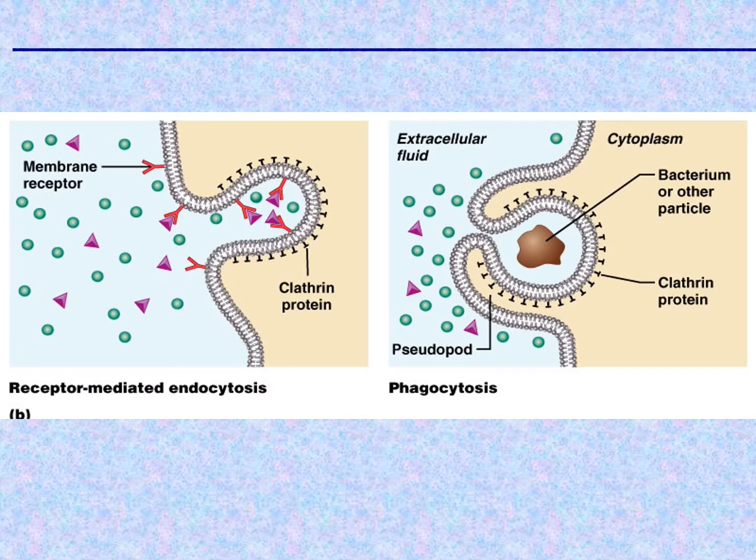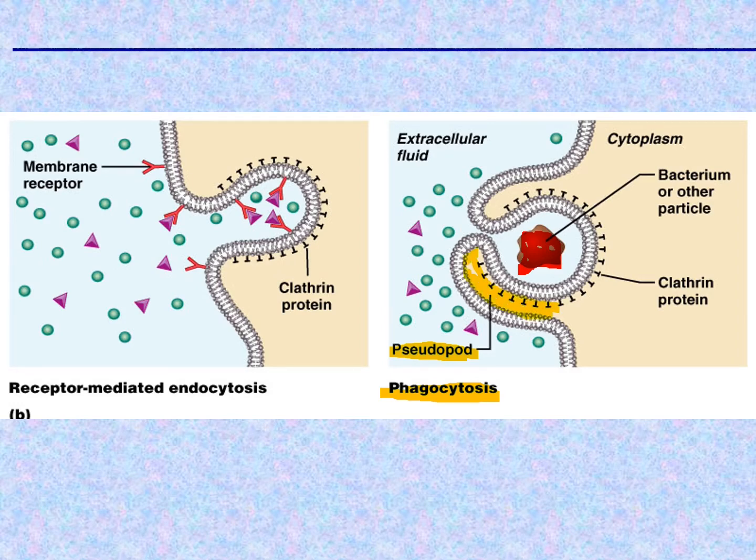I'm not going to talk about the one on the left, but this is an example of phagocytosis, another subcategory of endocytosis, where the ingested particle is solid and the cell membrane forms what are called pseudopods. So they stretch out around the solid object. Here's one pseudopod on one side.